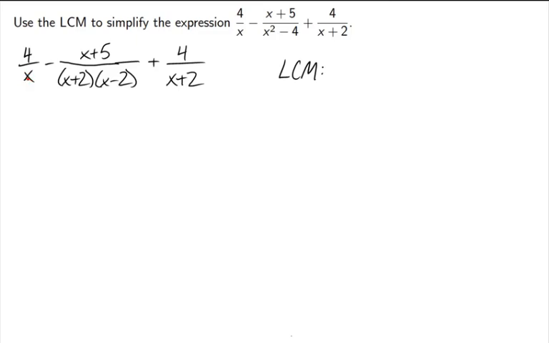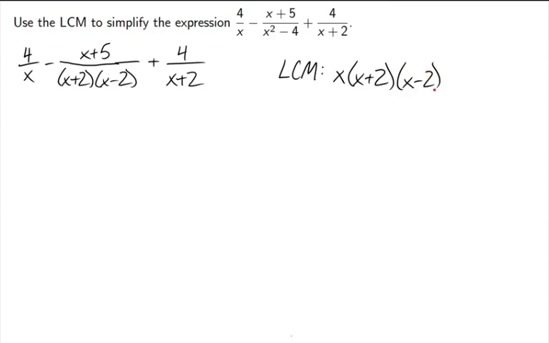So even though there's an x, but there's also an x plus 2, x stands on its own as an individual factor. There's only one x that shows up, so I'm just going to keep it as an x. Then we've got x plus 2. X plus 2 shows up in 2 of the terms, but the power that shows up is only 1, so I'll leave that. And then x minus 2 also shows up, again to the 1 power.